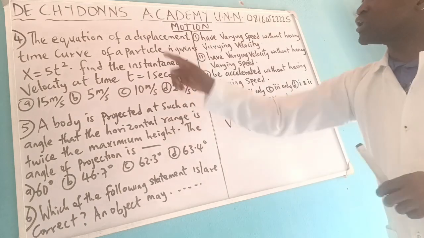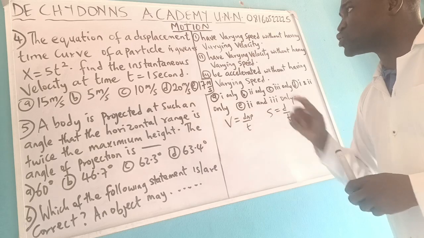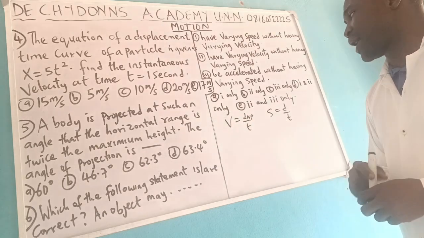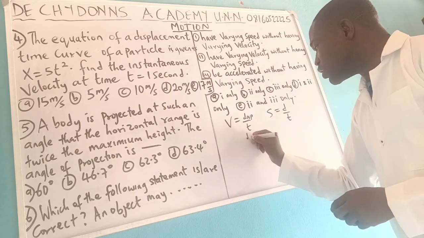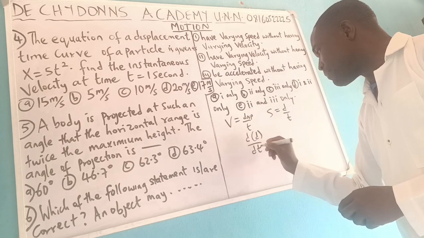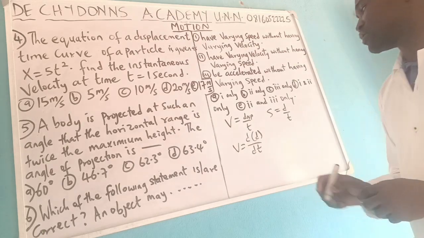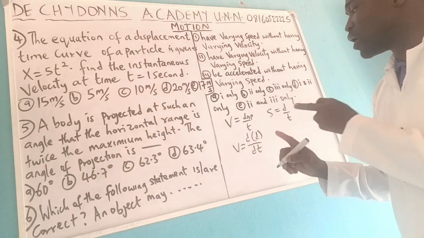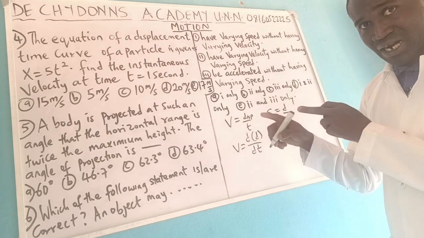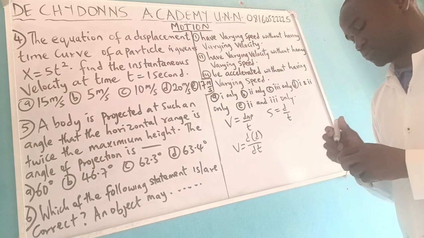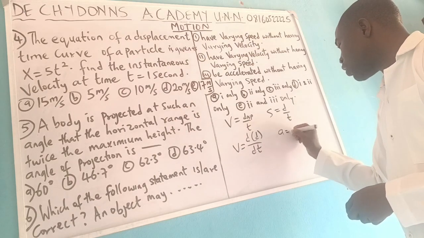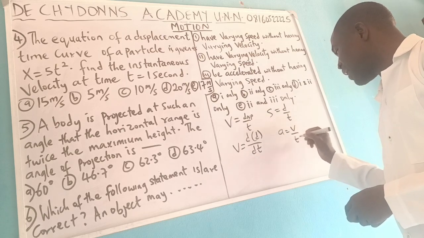Now, the displacement is given to us, and we know that v equals displacement over time. That means when you differentiate displacement with respect to time, you get velocity. The first one we solved, when we differentiate velocity with respect to time, we get acceleration.